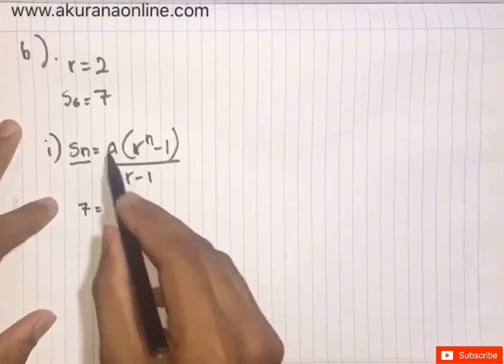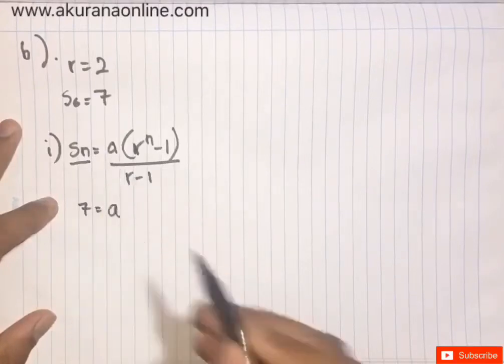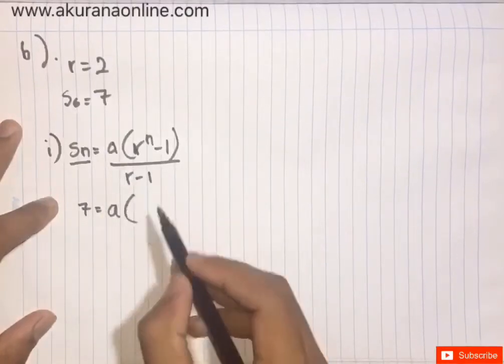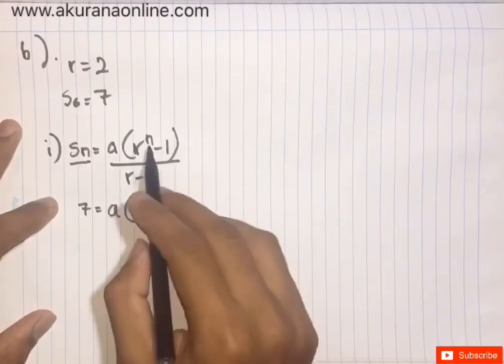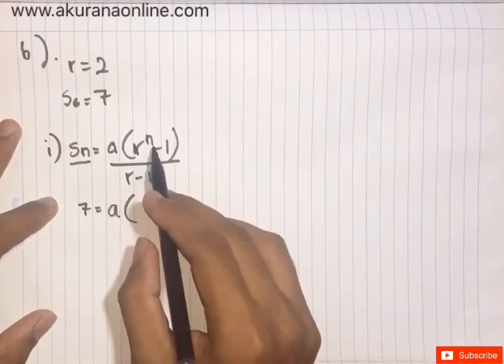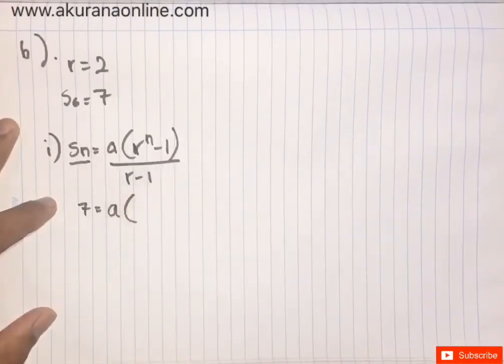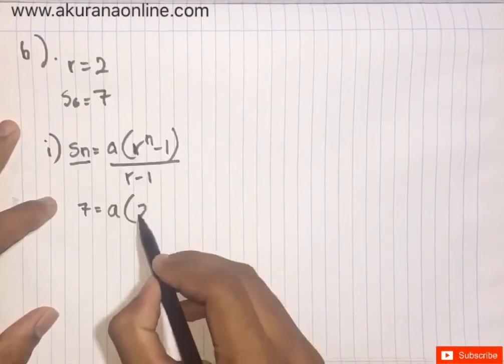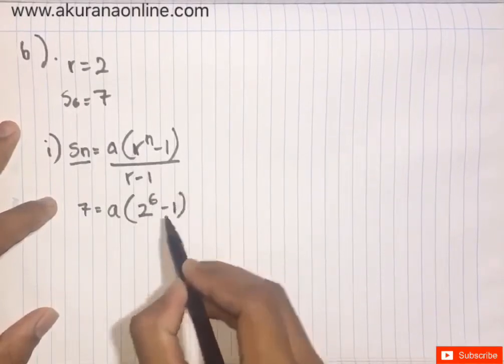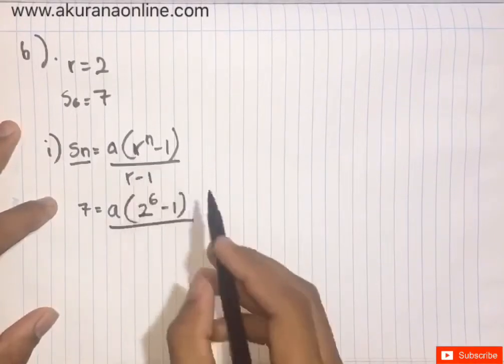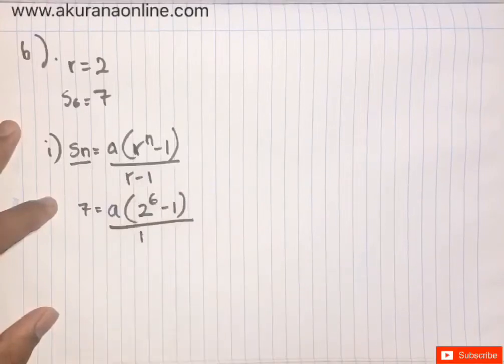They have given it. The first term you should find out, therefore let us write a. Now r to the power n. N is how much here? You are finding the sum of 6 terms, right? Okay. Therefore, the common ratio is 2 to the power 6 minus 1 over 2 minus 1, which is 1.